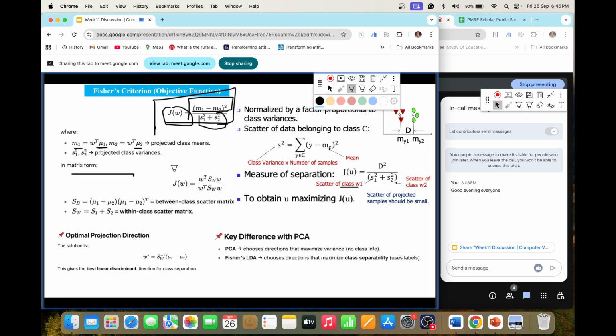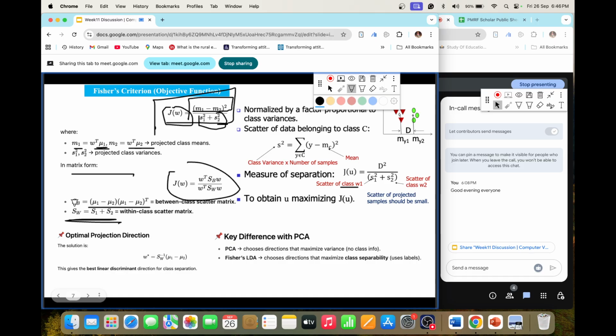In matrix form, J(W) can be written like this, with m1 and m2 as shown. Here there are two things, SB and SW. SB is the matrix for scatter between the classes, and SW is the matrix for scatter within the classes, that is S1 plus S2.